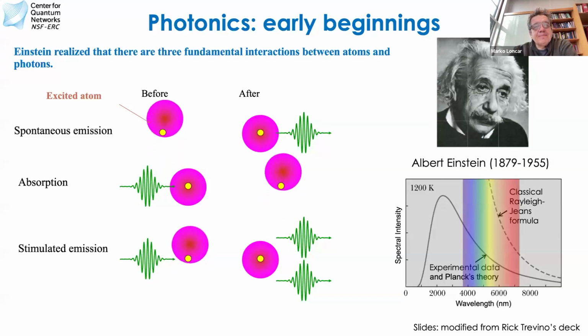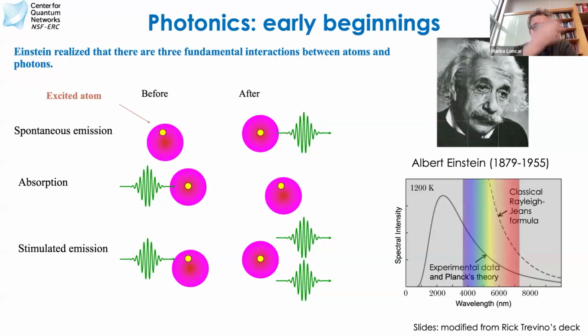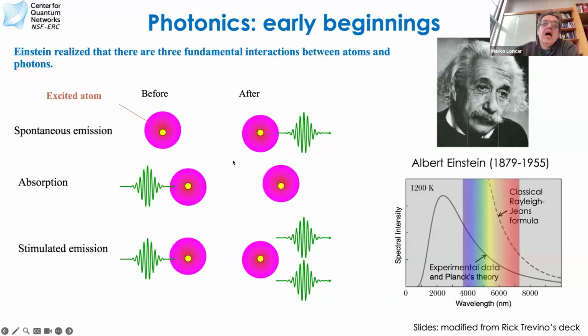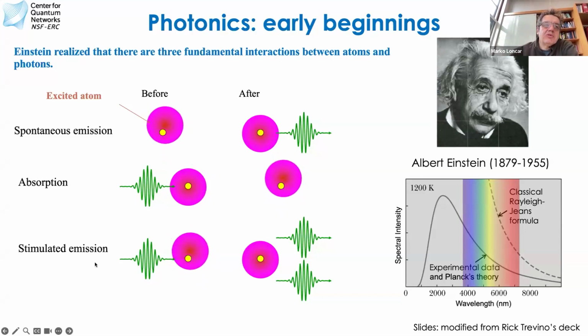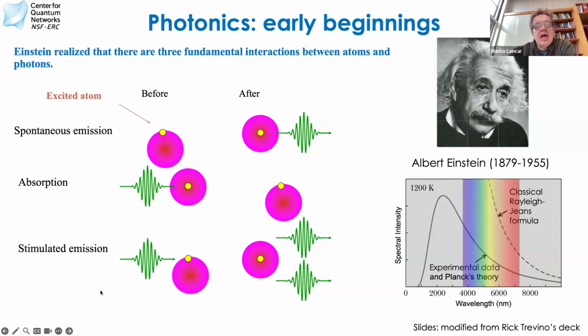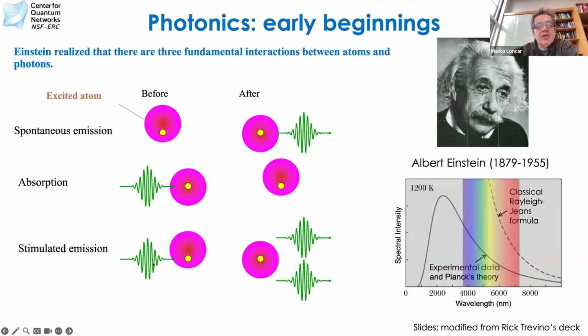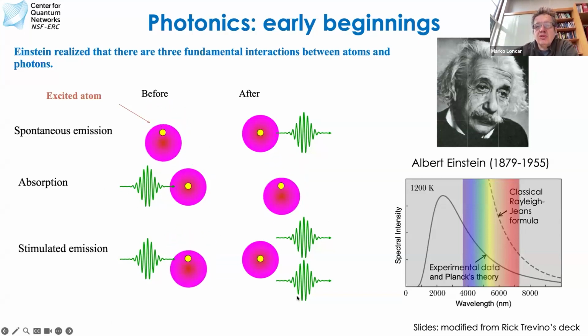What's illustrated here shows how an atom, when it's excited, and excitation is indicated by this electron cloud moving around, can then relax and emit a photon. You can see my cursor, right? I assume the answer is yes. Alternatively, an atom can absorb a photon, and then the electrons become excited. This is the concept of absorption. Stimulated emission happens when you have a photon incident on an atom in the excited state, which then generates two identical photons.